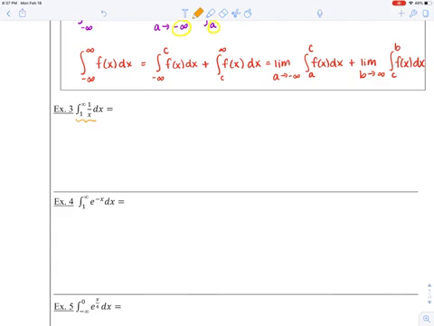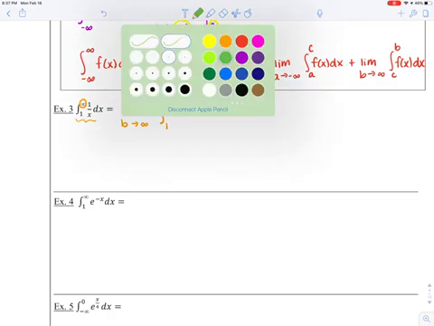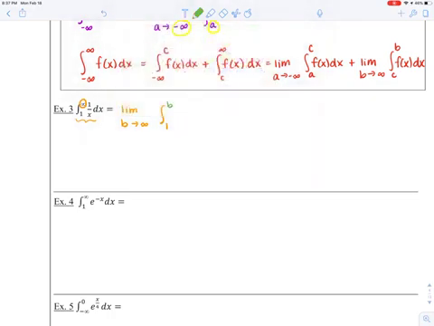Step one, I have an infinity in the upper bound, so it is equal to the limit as b approaches infinity of the integral from 1 to b, and make sure your limit variable matches your bound variable, of 1 over x dx.